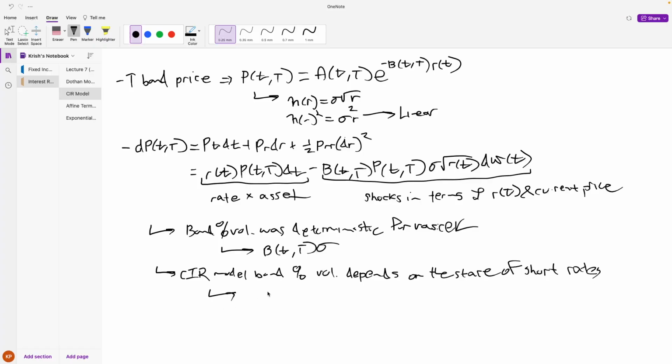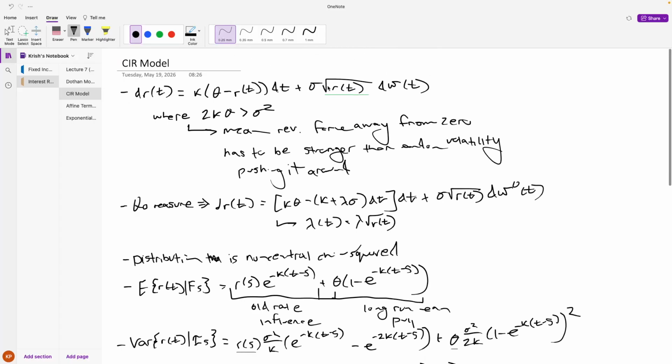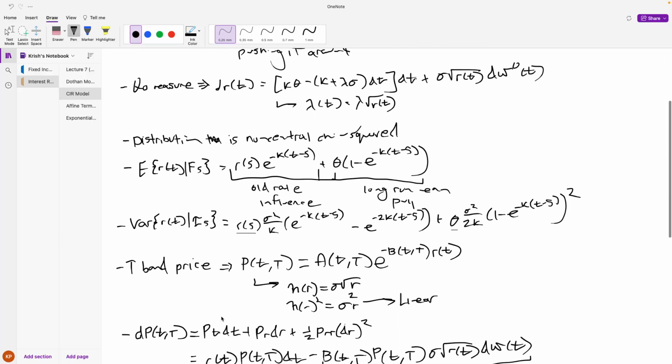Okay, so that'll make things a little more difficult to price derivatives, right? Why does it depend on the state of current rates? Because we have RT, inner Brownian noise, that goes ahead and downstreams into the dynamic of our T-bond.